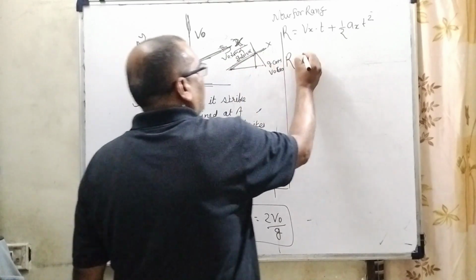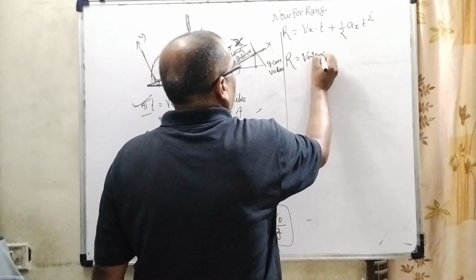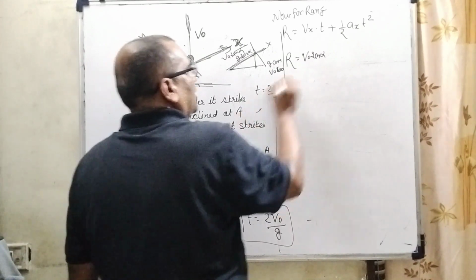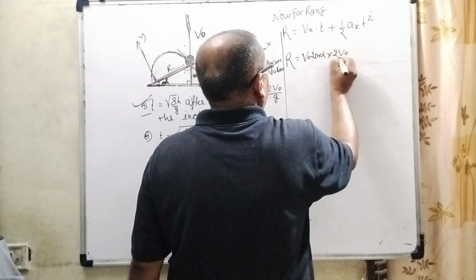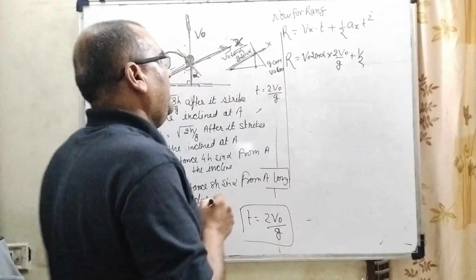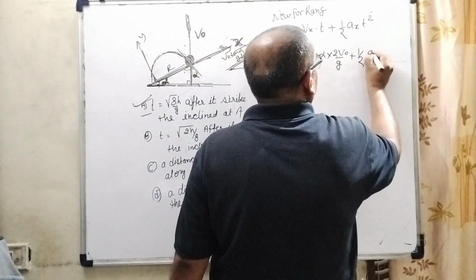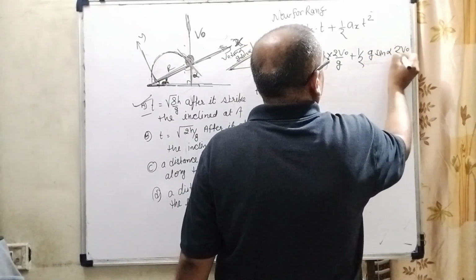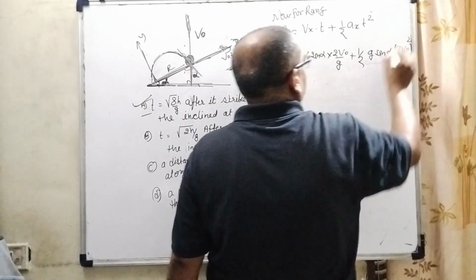What is vx? v naught sine alpha. And what is the time of flight? That is 2v naught upon g. So substitute 2v naught upon g, plus 1 by 2 ax, that is g sine alpha, and again 2v naught upon g whole square.